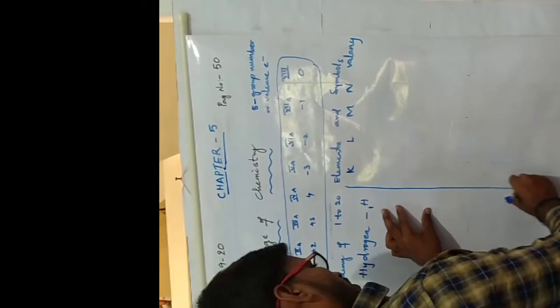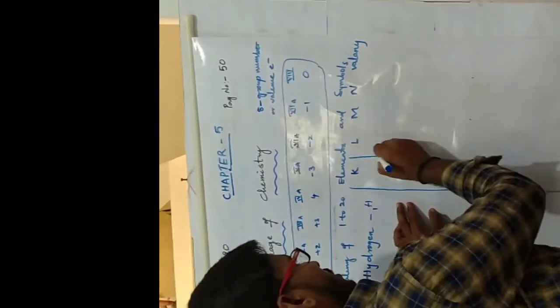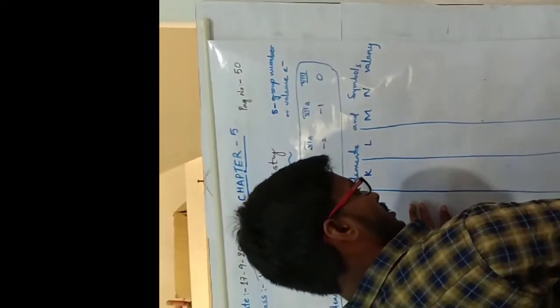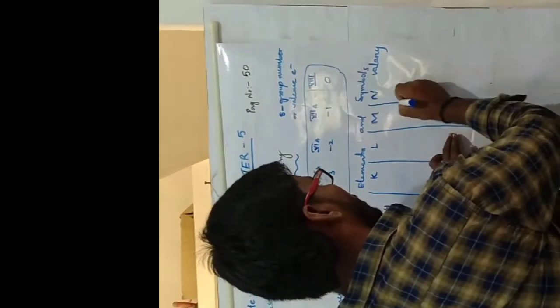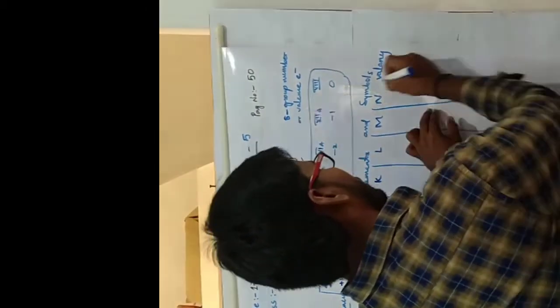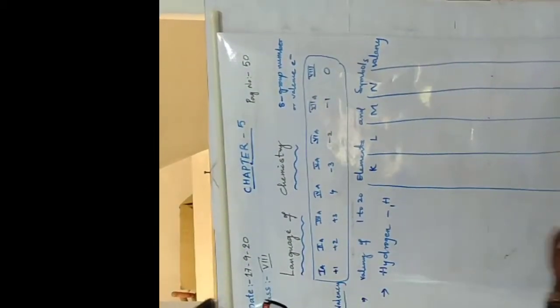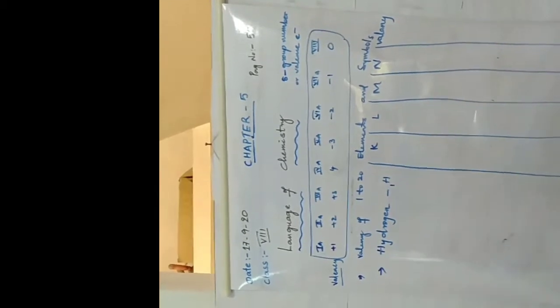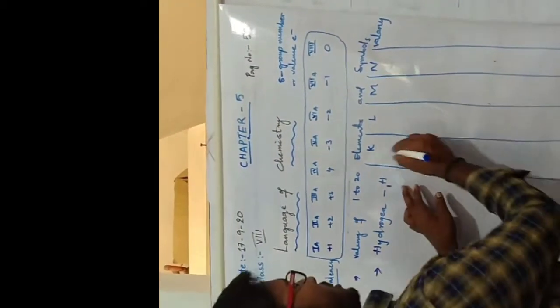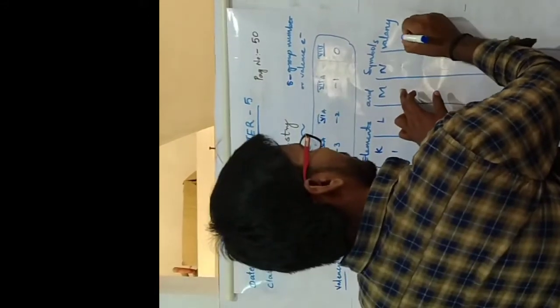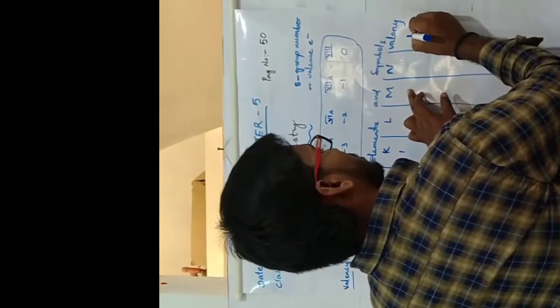You can easily classify how many electrons are present in the K shell, how many in the L shell, and so on. Here we need to find whether the valency is positive or negative. Only one electron, so the valency will be 1.